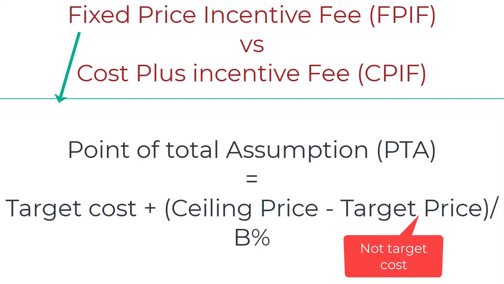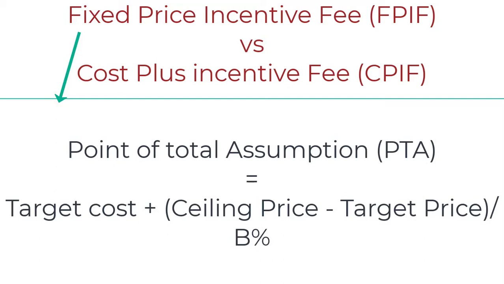Remember this one: it's in fixed price. Because in the point of total assumption formula you have ceiling price, and ceiling price doesn't occur in cost plus incentive fees.